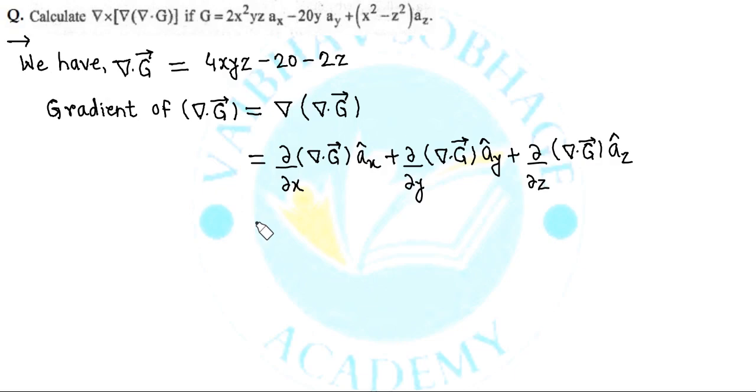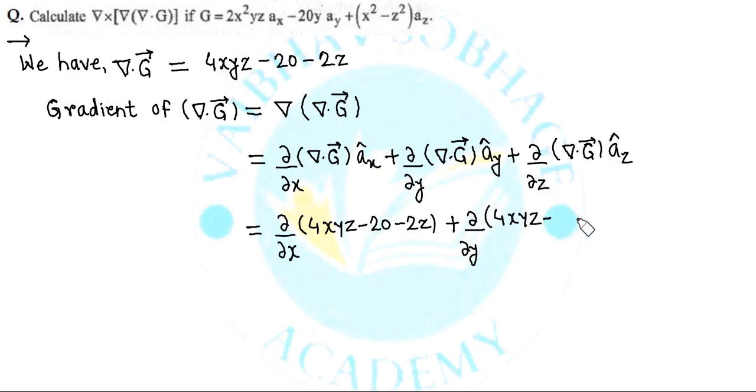Now we are going to put in the values. We have the values for that divergence, so keep that as it is. What is the value that we have for del dot g? We have del dot g equal to 4xyz minus 20 minus 2z, plus d by dy of that divergence of vector g. Again put that value, 4xyz minus 20 minus 2z, and I am writing it over here, in continuation with this.